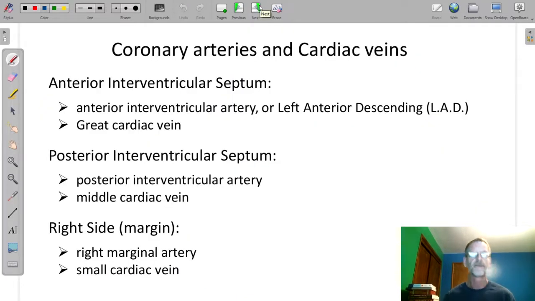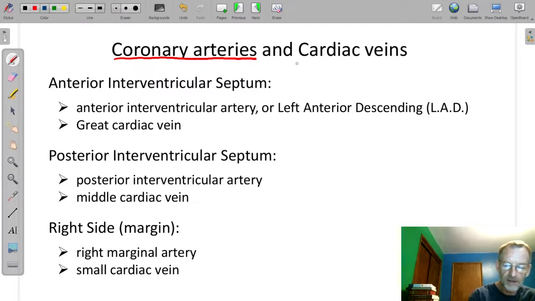And I've tried to organize this and simplify it, I hope. So these are the coronary arteries, and they're paired up with the cardiac veins. And capillaries are in between the two.